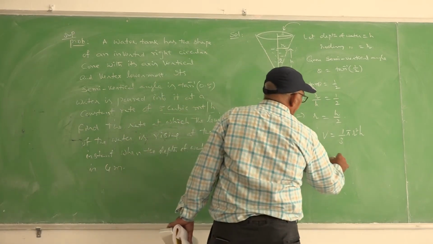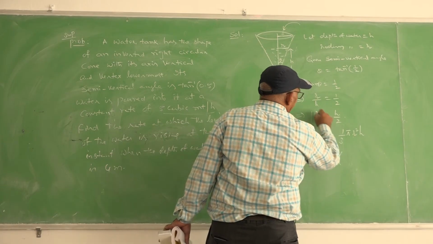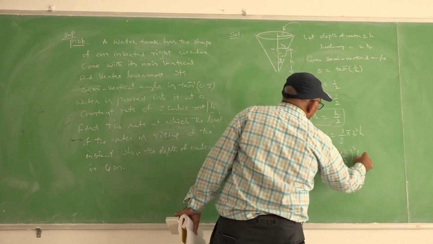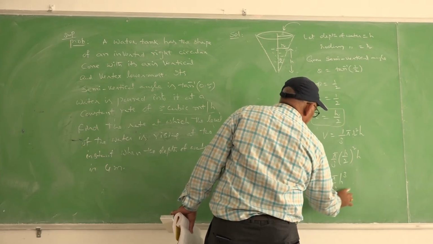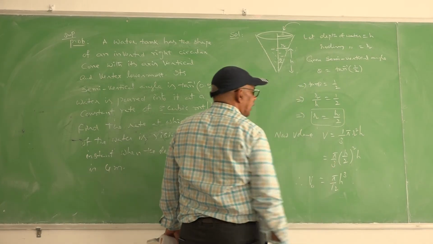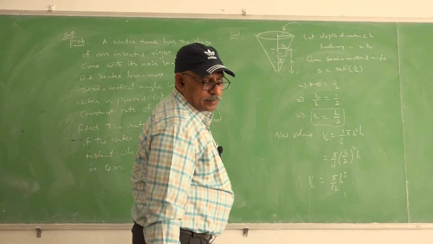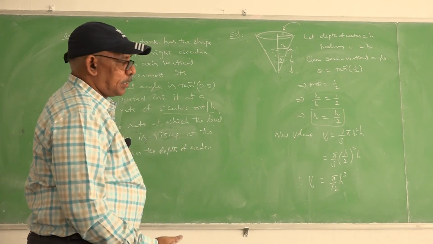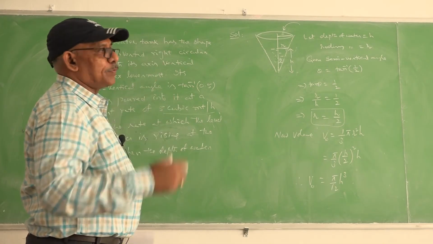In terms of h completely, R is h by 2, so V is 1/3 pi into h by 2 whole square into h, which is pi by 12 h cube. The volume of the water, Vw, not the vessel, is pi by 12 h cube, where h is the depth of the water.